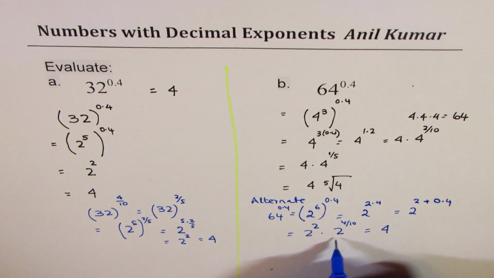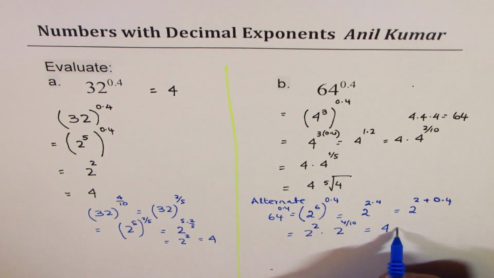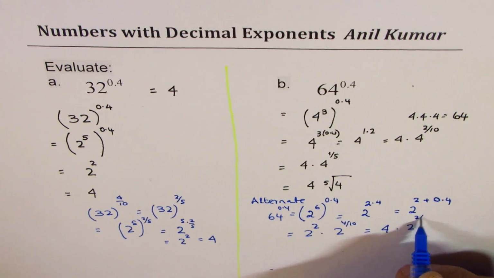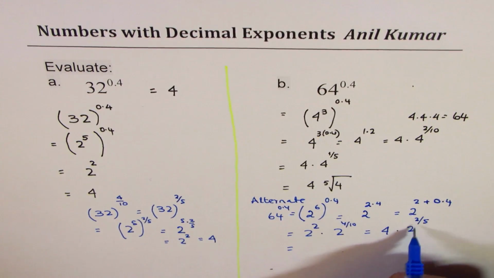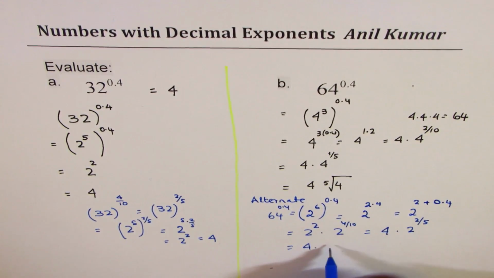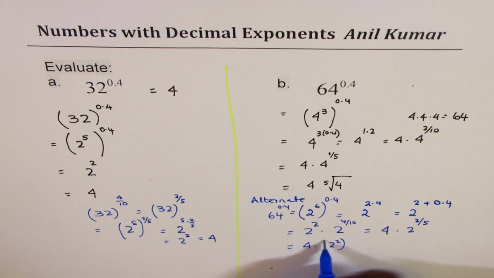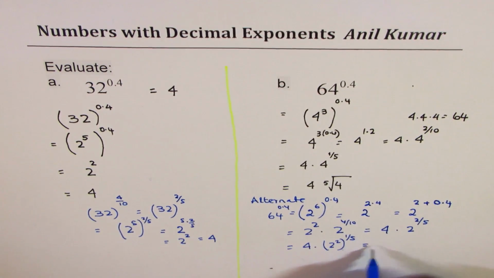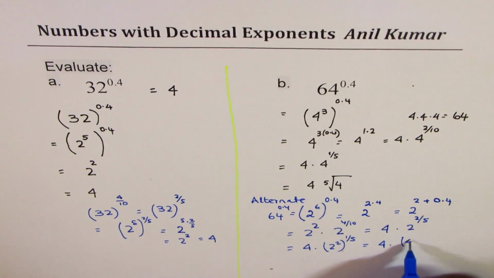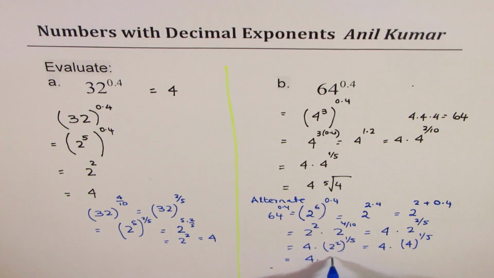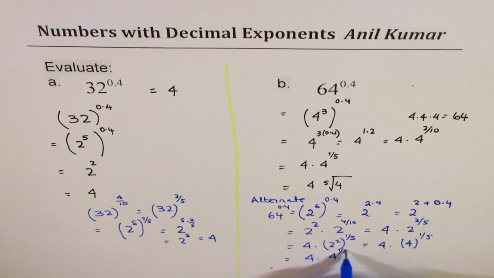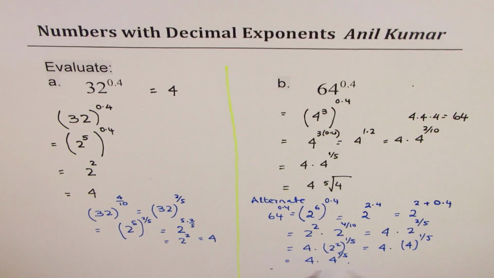And this could be written as 2 to the power of 2 over 5, correct? Now 2 squared is 4, so we could write this as 2 squared to the power of 1/5. That is 4 times 4 to the power of 1/5. So we get the same answer, right? You could write this also in this fashion. So either way you could do the solution.